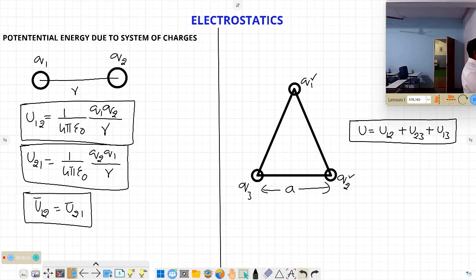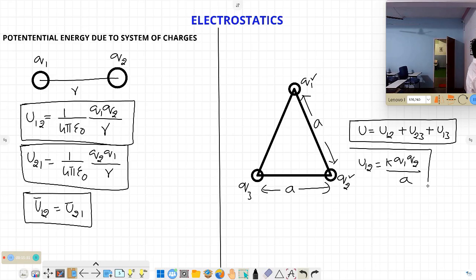If you want to write the formula for each one, what is the U12 formula? 1 by 4 pi epsilon naught, which I am writing as K, into charge Q1, Q2, by the distance between the two charges, that is nothing but a. So directly I can take it as a.